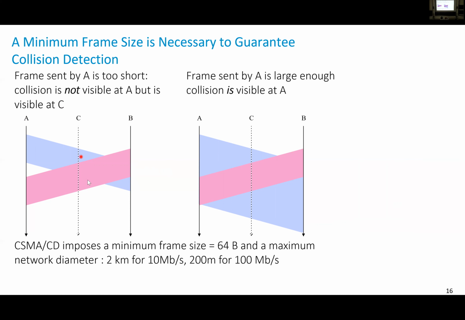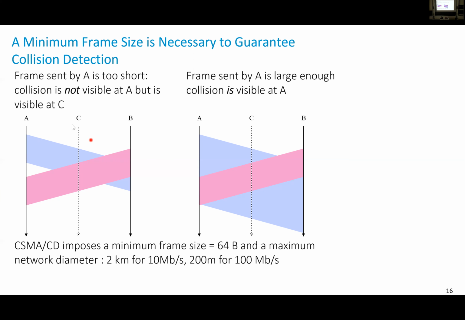Collision is detected only at those parts of the diagram where there is overlap of the two colors, which means here that when A sends its signals, the signal of B is still propagating on the wire, so it's not present at A. And when A receives it, it's after. So from A's viewpoint, there is no collision here.